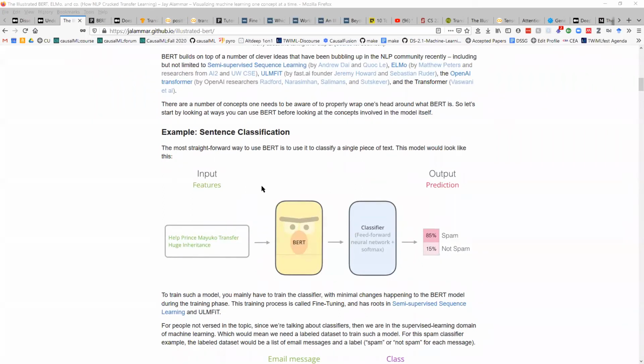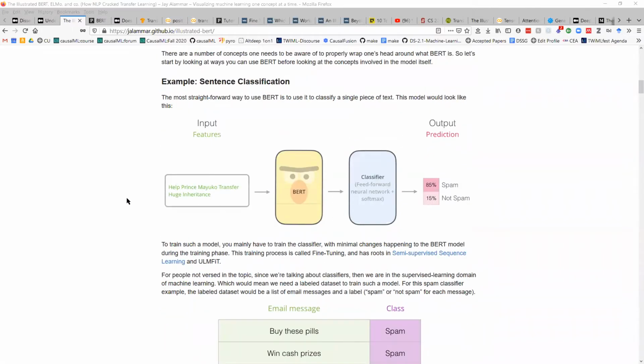He says that BERT is building on a bunch of previous ideas, and he lists them: Elmo, ULMFit, and the OpenAI transformer. Then he goes into some details on those three things. But first, let's look again at sentence classification tasks. You give it a sentence, or two sentences.